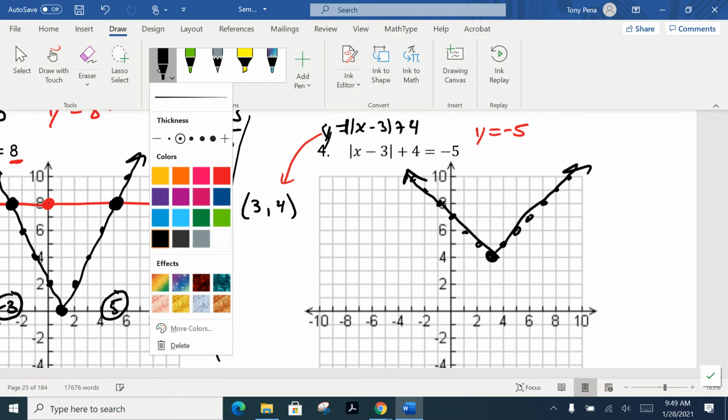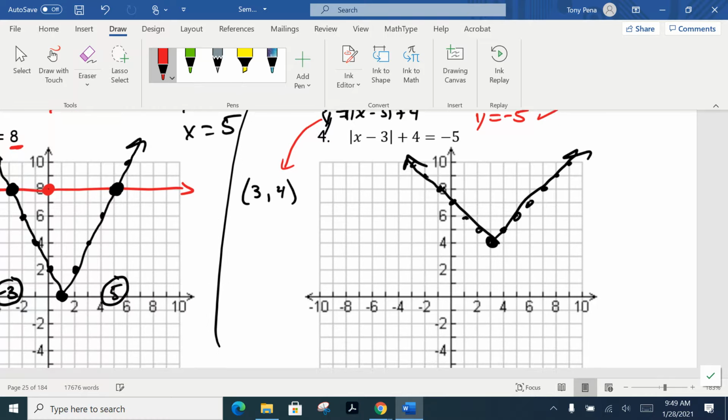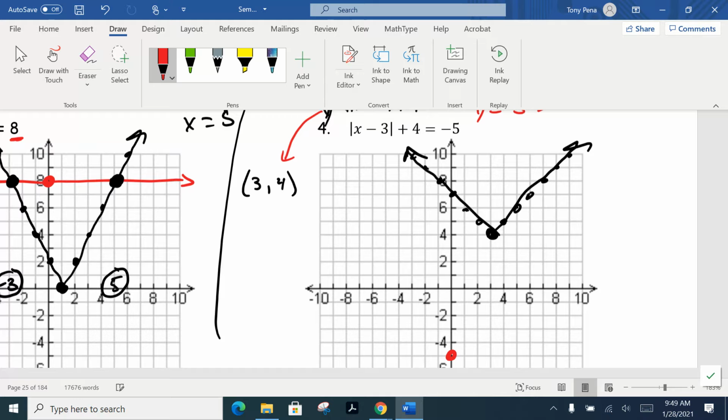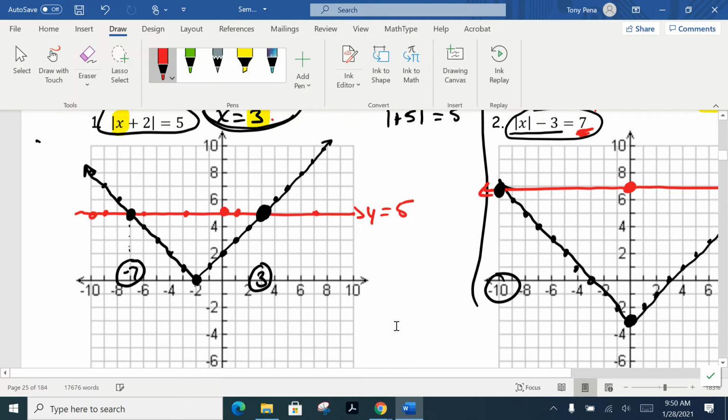When we go to graph that second one, we better know our horizontal lines. Now at this point, you're going to put a dot on -5. And you're going to draw in a horizontal line to that. So think about what we just said in those previous 3 questions. The answer to number 1 was the intersection of those 2 graphs. So those 2 intersections were our answers. Same with number 2.